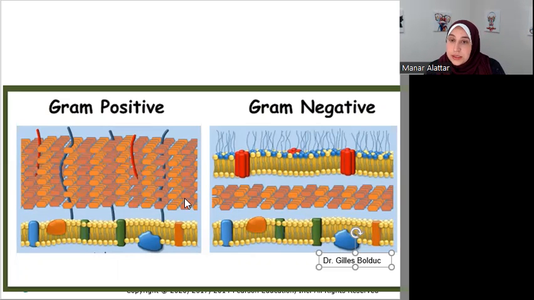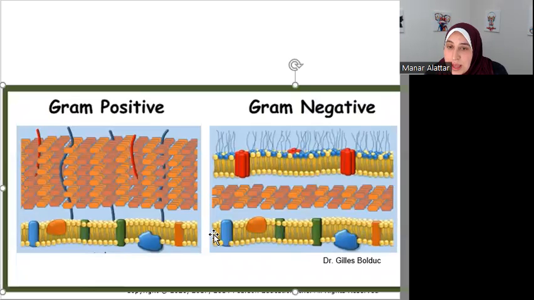Okay, so that's gram-positive. Whereas gram-negative is going to have the cell membrane, as all cells do, and then it's going to have a thin peptidoglycan cell wall. But to compensate for that thin peptidoglycan cell wall, it also has this really unique outer membrane. And actually, that outer membrane has some really unique characteristics that are related to pathology.